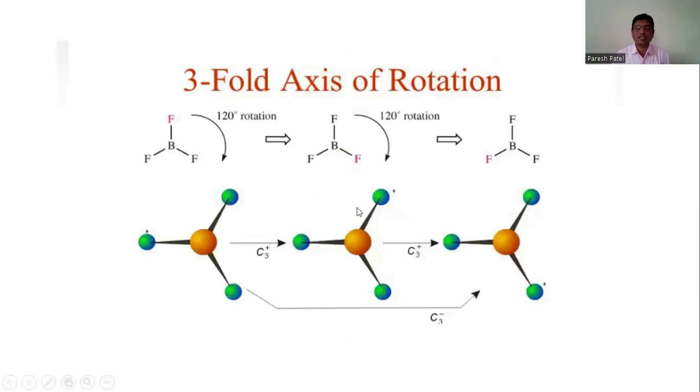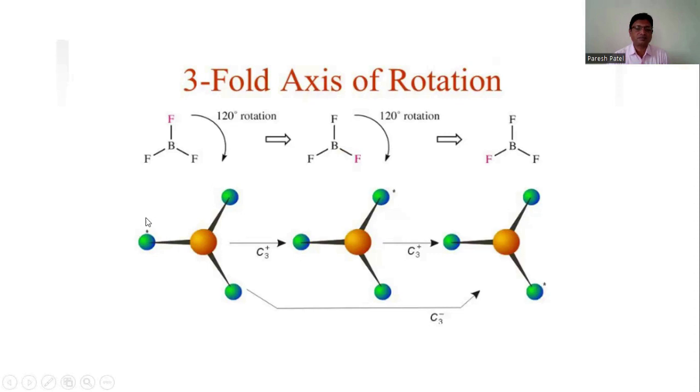Now, symmetry operations. We know that the BF3 molecule consists of C3 as the main principal axis. If we rotate this BF3 molecule along the imaginary axis around 120 degrees, we get one orientation.